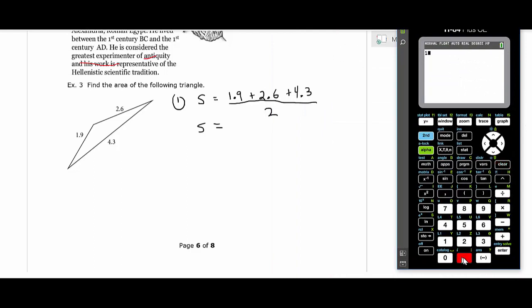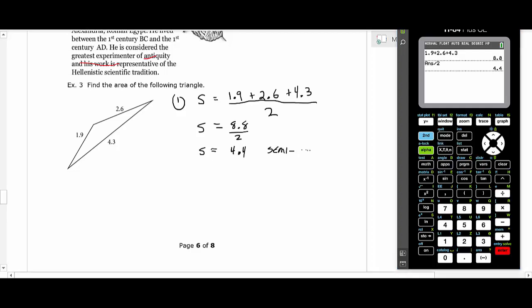So the perimeter is 1.9 plus 2.6 plus 4.3, and then I just take half of that. The semi-perimeter is going to be 4.4, and that's where you begin when you're working out this problem.